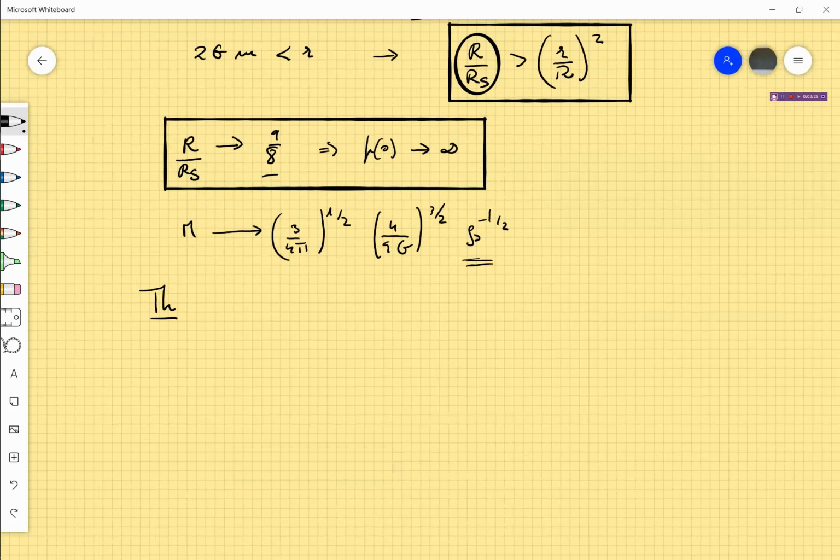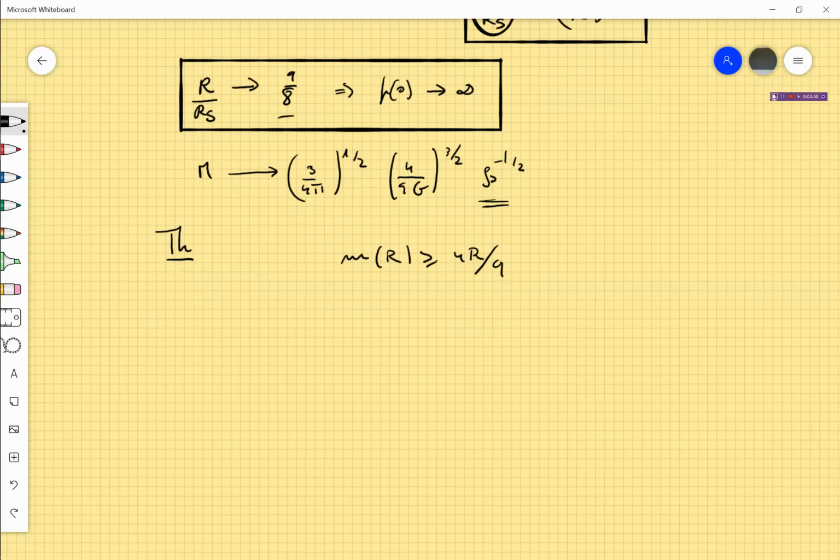There is no equilibrium configuration of a spherically symmetric star which is filled with a perfect fluid with a density which is a non-increasing function of R, and such that you satisfy this condition: m of R is larger or equal than 4R divided by m, where this is the radius of the star and this is the mass function.